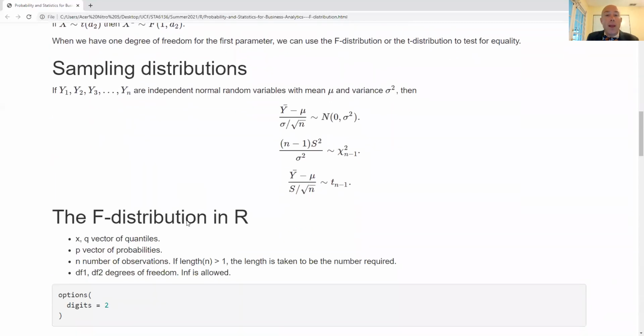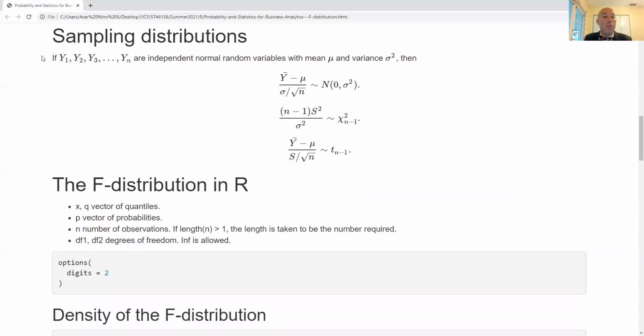Now I want to go ahead and review some sampling distributions. If the y are independent normally distributed random variables with mean mu and variance sigma squared, then y bar, the sample average, minus mu, divided by sigma divided by square root of n, is normally distributed, and this should be a 1 there. I made a mistake there.